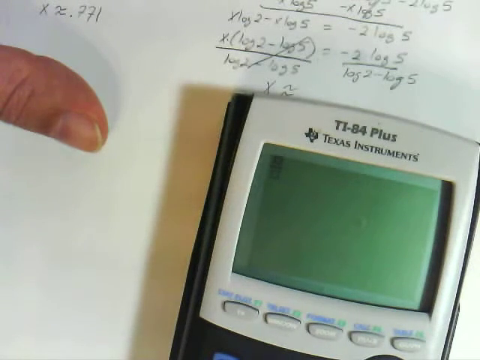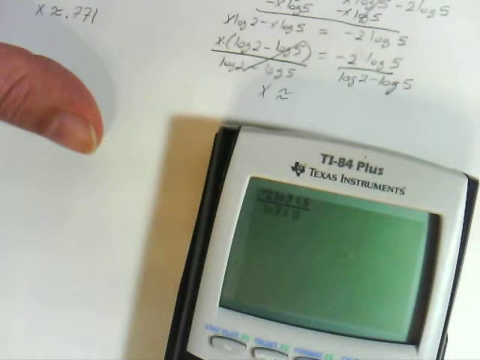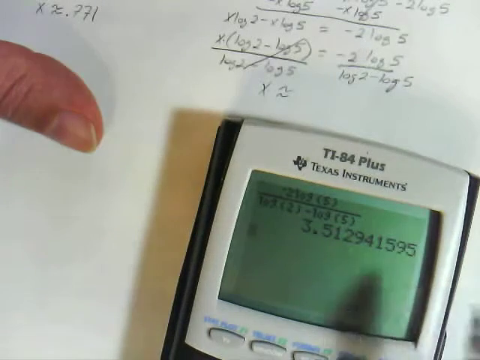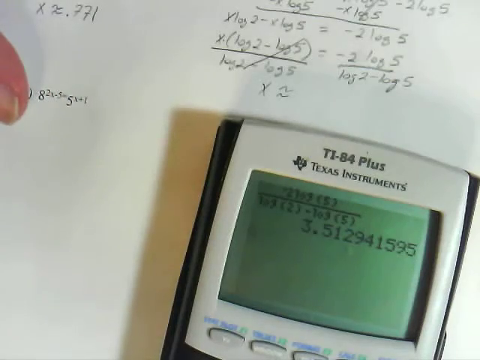I'm going to go for negative, and be careful you don't confuse that with a subtraction. 2 log of 5 over the log of 2, close parentheses, minus log of 5, close parentheses, and enter. And we get 3.5129. That 9 is going to affect the 2, so we're going to go with 3.513.